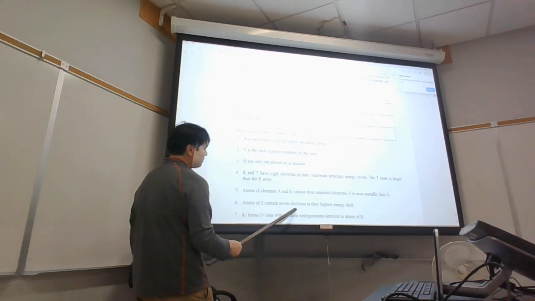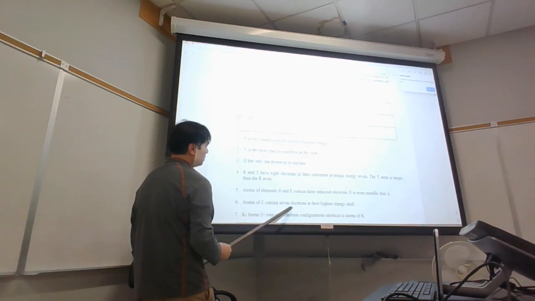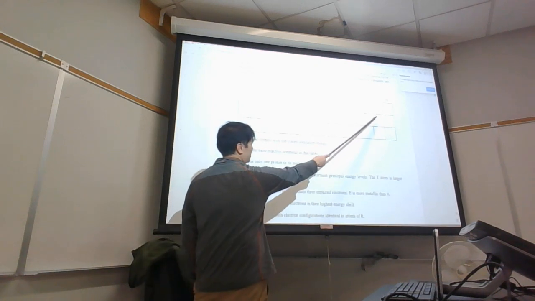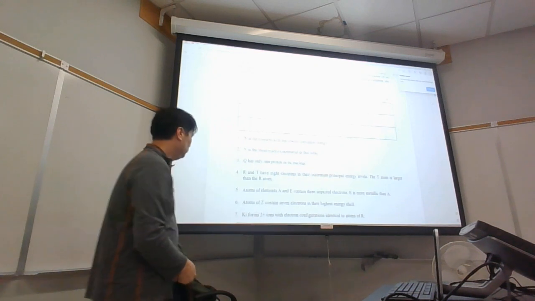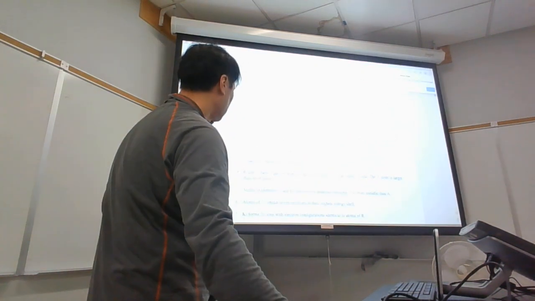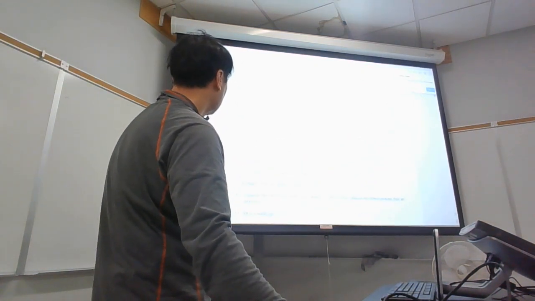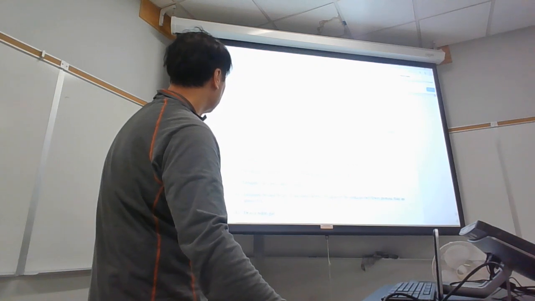Atoms of Z contain 7 electrons in the highest energy shell. So 7 electrons in the highest energy shell would be fluorine and chlorine. But I think we would pick one of those. Fluorine is already used, so it would be chlorine.